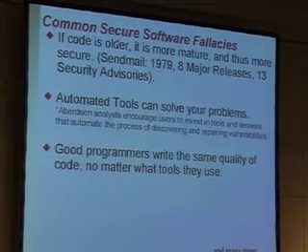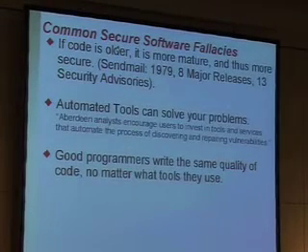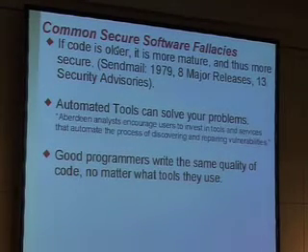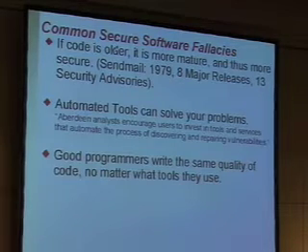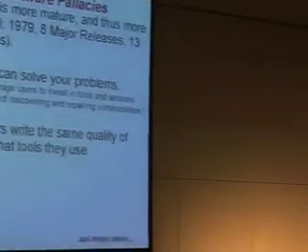I'd like to clean up some common secure software fallacies that I hear very often, also at conferences like this one. For example, the Aberdeen Group made a comparison study of security between Windows and Linux, with, in my opinion, unsubstantiated results.